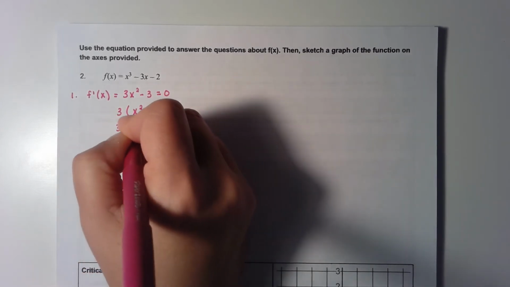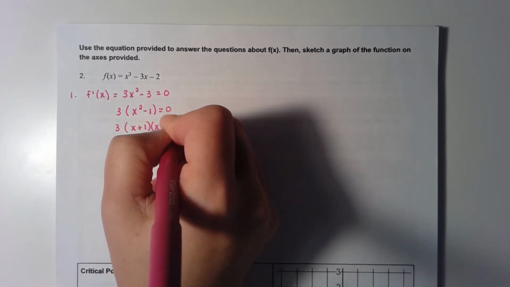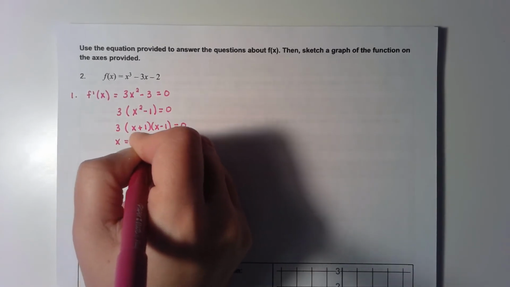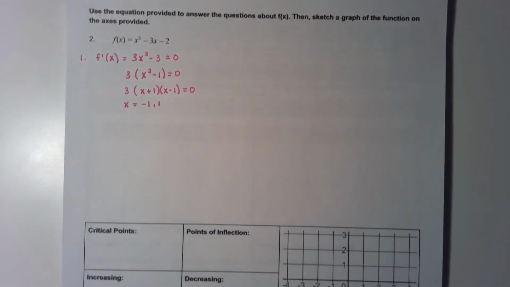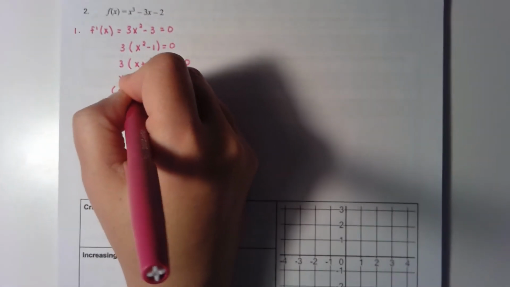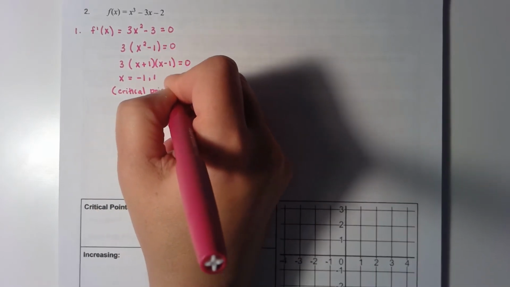So I would have x plus 1 and x minus 1, which means I'm going to get two values, x equals -1 and +1. Now, right away, I know that those are the critical points, because all that it takes to be a critical point is to have a derivative that's equal to 0 or undefined, does not exist.